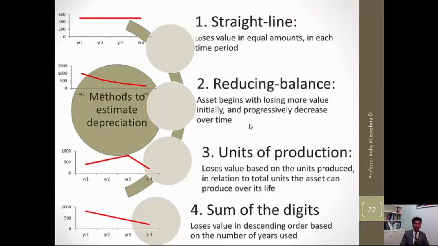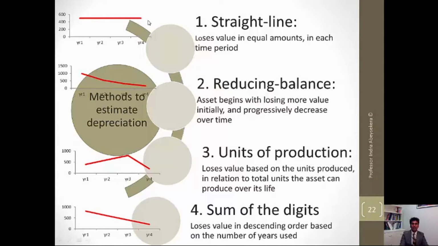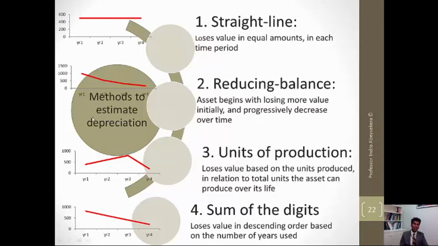Graphically, if you plot these depreciation expenses, you can see the straight line method is parallel across the years. Then the reducing balance method is reducing but not on a straight line.